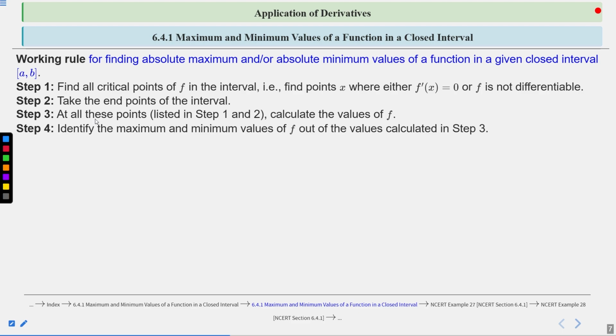Step 4: identify the maximum and minimum values of f out of the values calculated in step 3.